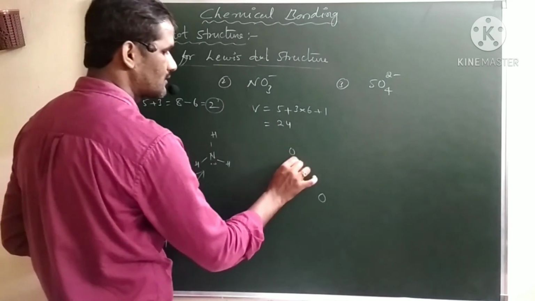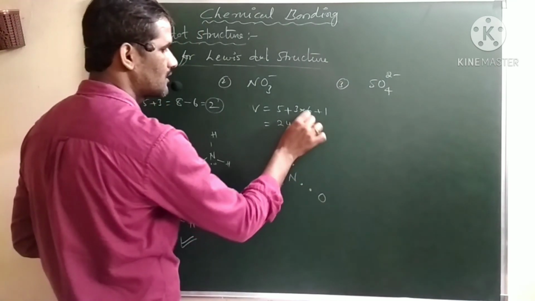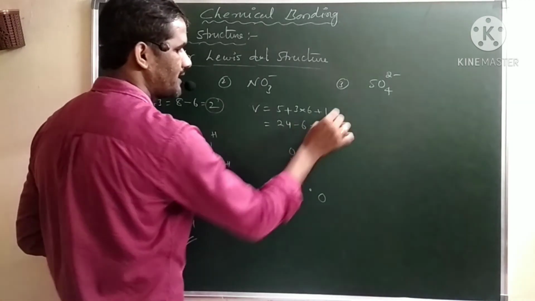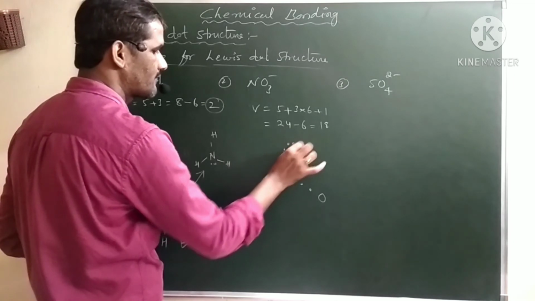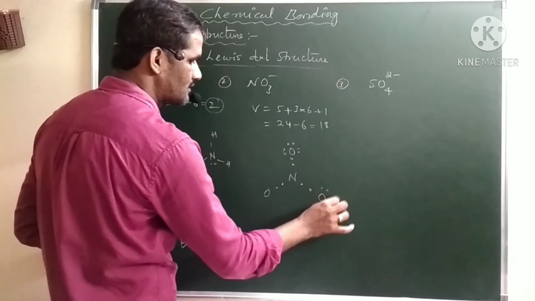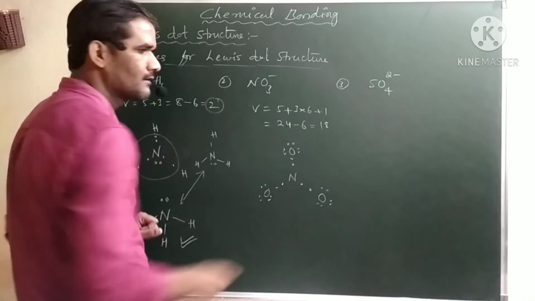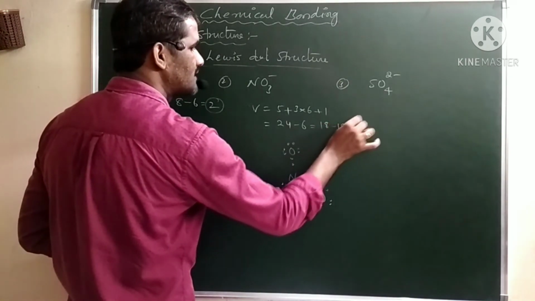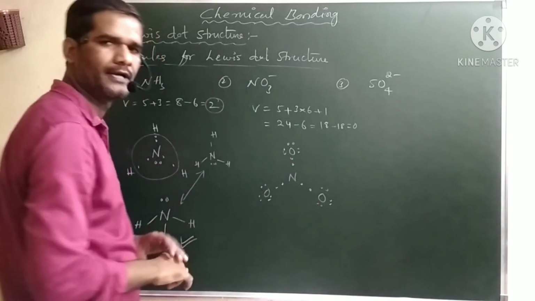So now 1 electron pair first we have to draw. So out of 24 now we used 6, 18 remain, and for 3 oxygens, each oxygen again requires 6 electrons. So 18 we utilized completely. So no more valence electrons, so no need to write on the central atom.